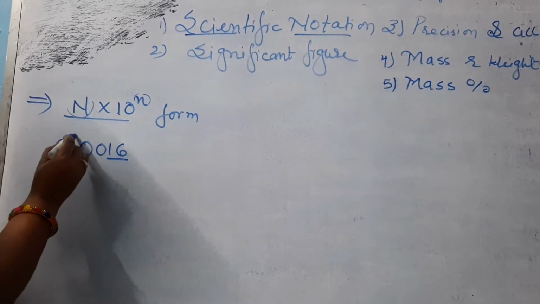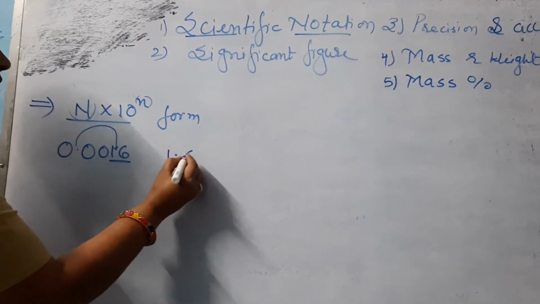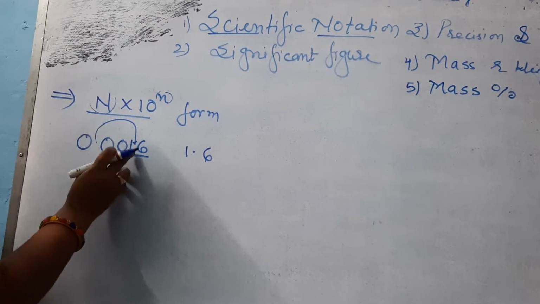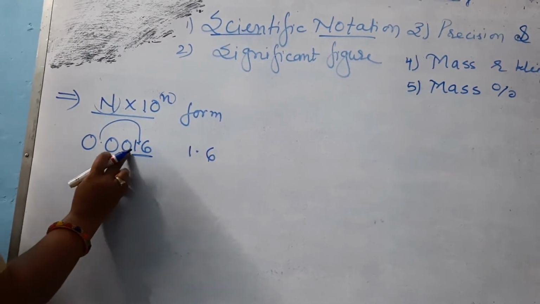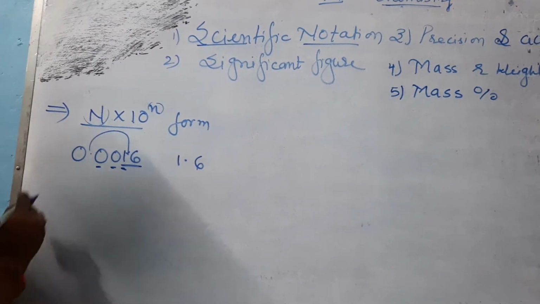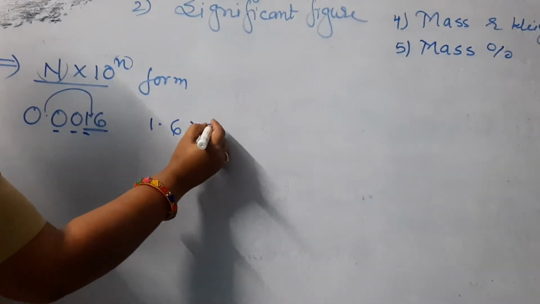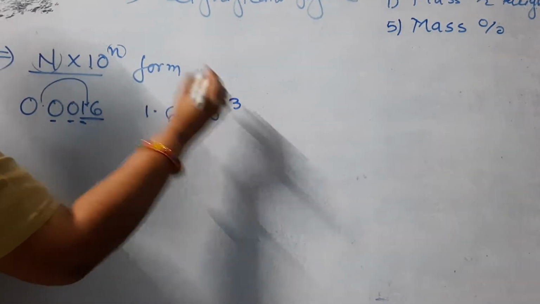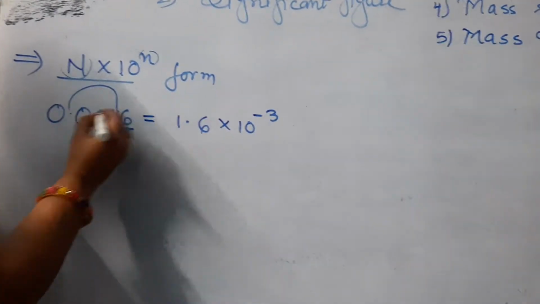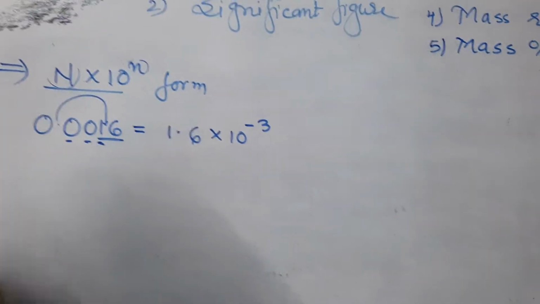So you take the decimal point to this side like this, and it becomes 1.6. But you are going back 3 steps: first step, second step and third step. आप 3 step पीछे गए हैं, इसलिए 10 to the power minus 3. This is the answer. This is the way to write scientific notation. Here N is 1.6 and 10 to the power minus 3.